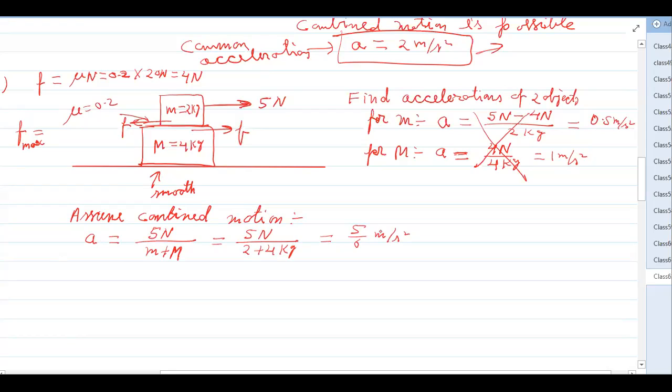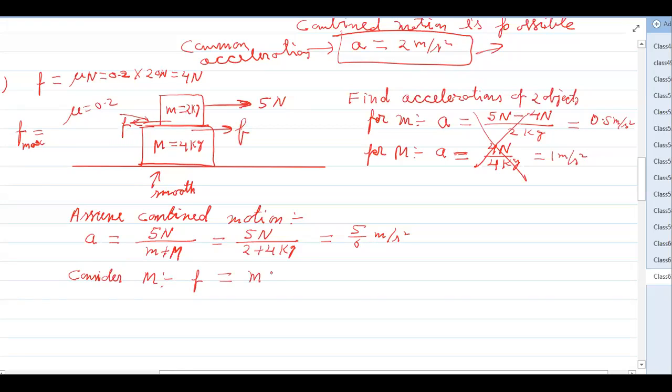Now we have to check whether this acceleration is possible for these objects or not. For checking, if we consider the capital M mass, on capital M there is only one horizontal force, which is friction. So this friction is responsible for this acceleration. How much will the friction be?